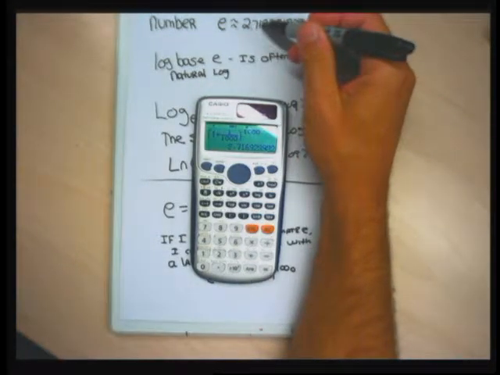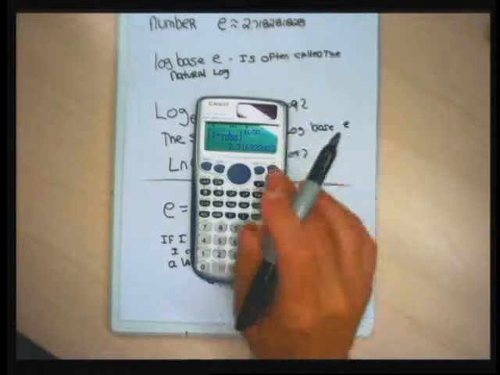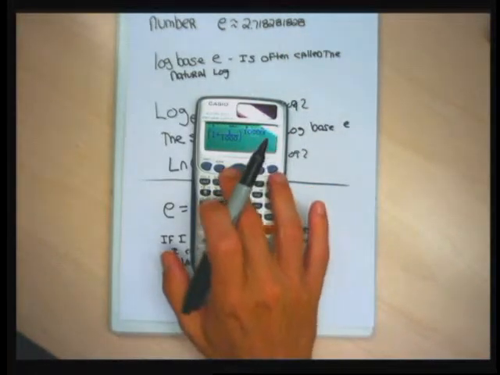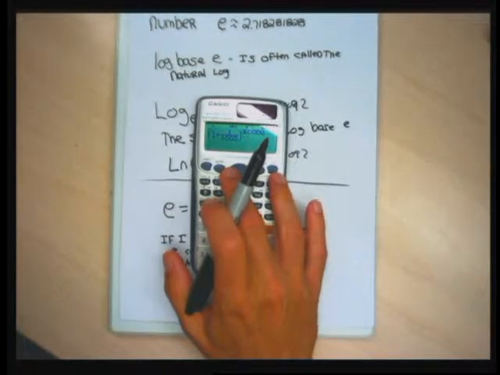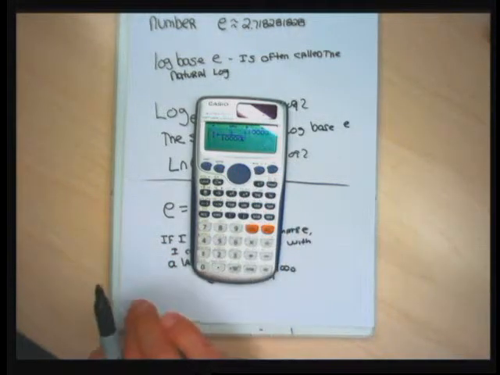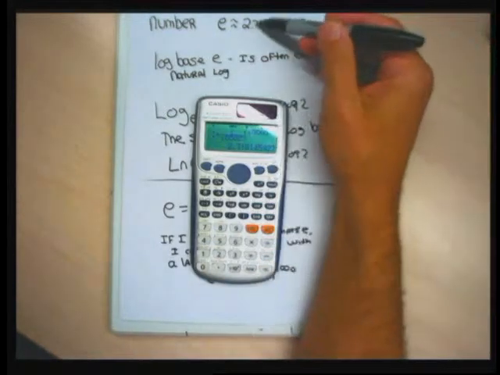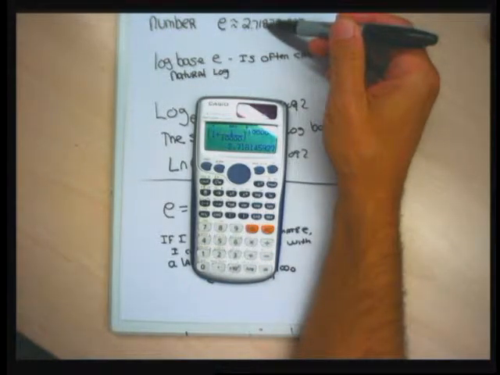I'm good to 2 decimal places. If I increase that 1,000 to 10,000 and do 1 plus 1 over 10,000 to the 10,000th power, now I'm matching 2.718. I'm matching up to 3 decimals what my calculator says e is.